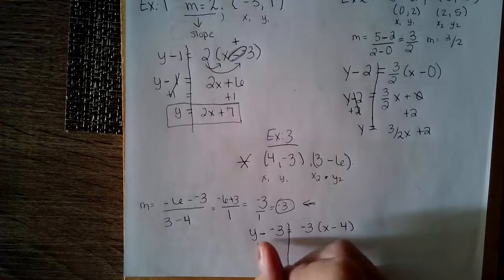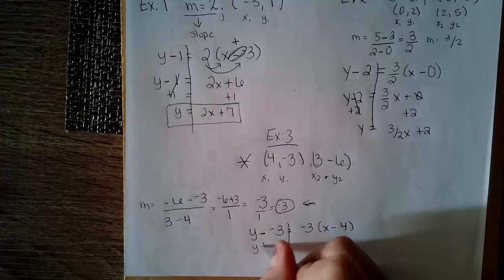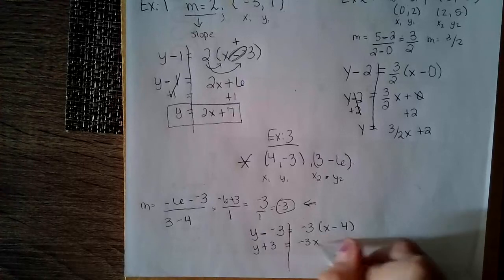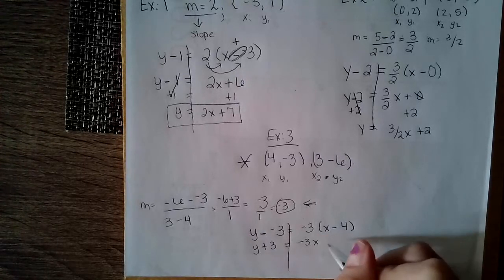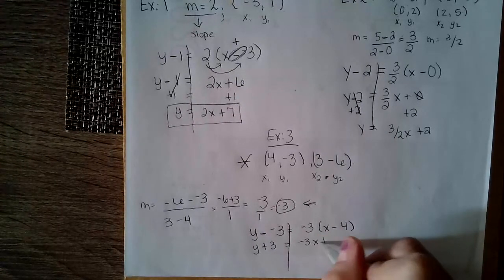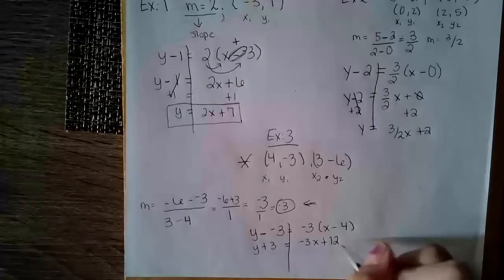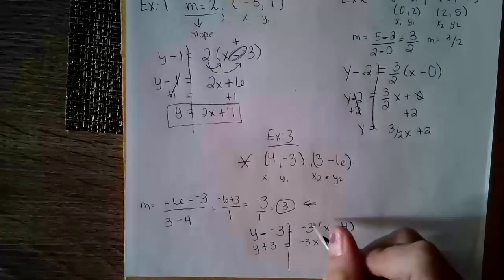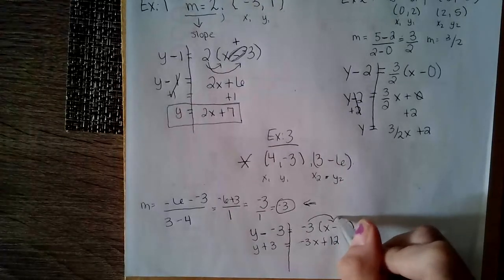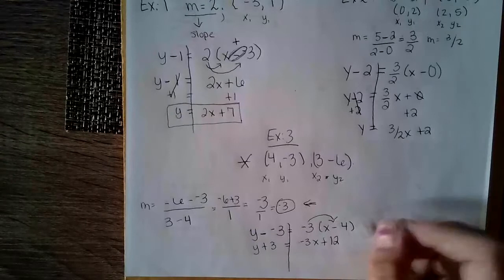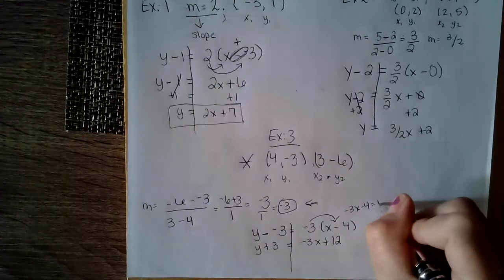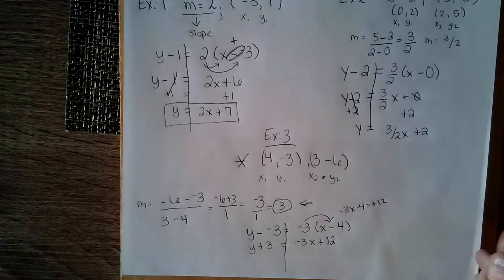So now I'm going to rewrite this. Y plus 3 is equal to negative 3x plus 12. All right, and this is plus 12 because when I distribute it, a negative times a negative, so negative 3 times negative 4 gives me positive 12, okay?